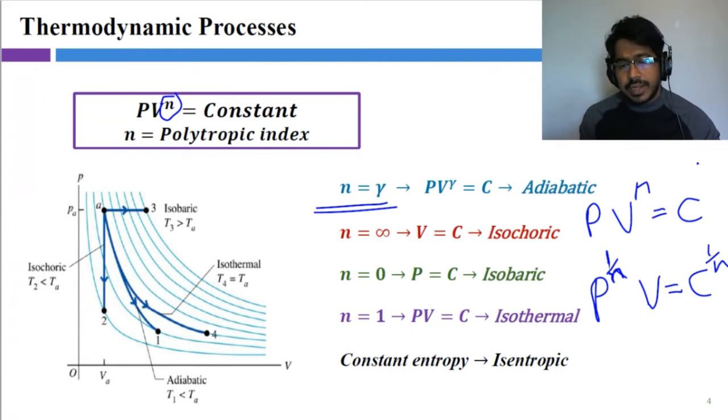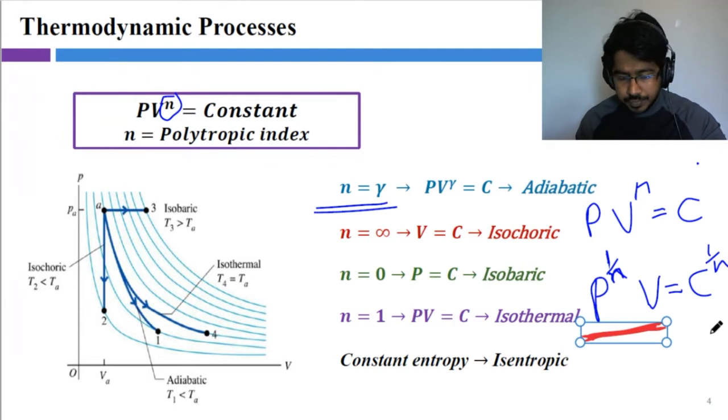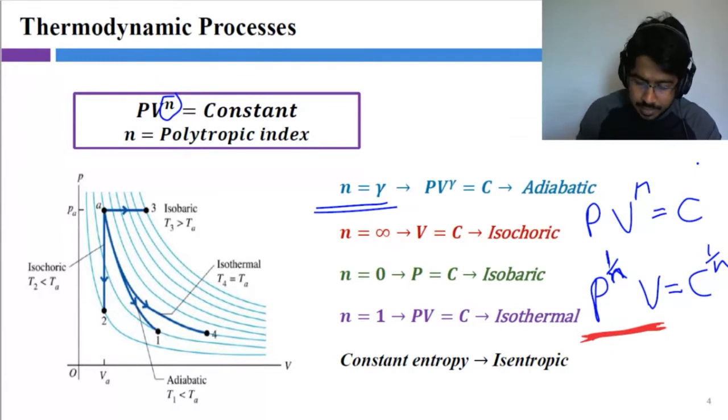By looking at this, what can we say about the impact of pressure on this relationship? If n is a very large number, if n is infinite, when pressure changes, does this overall term change too much? Can anybody answer? When n is reaching infinity, what can you say about 1 over n?